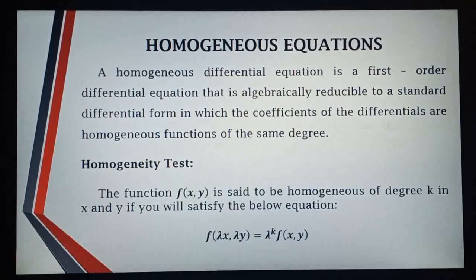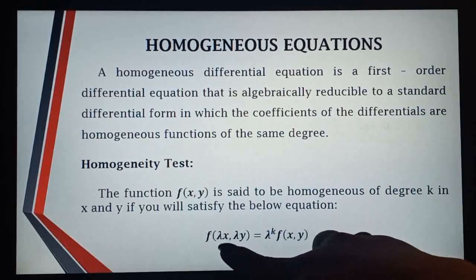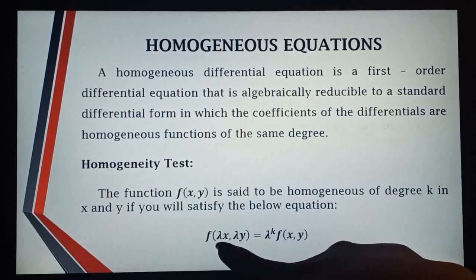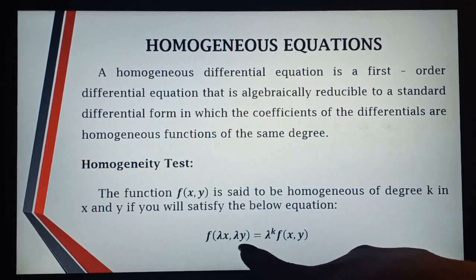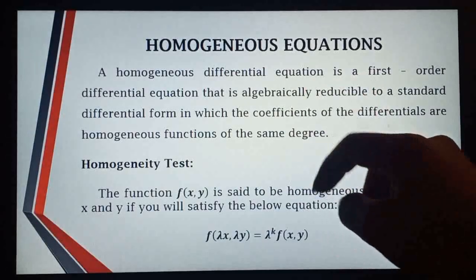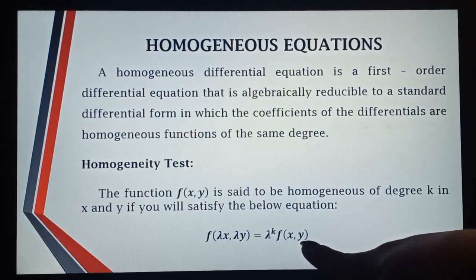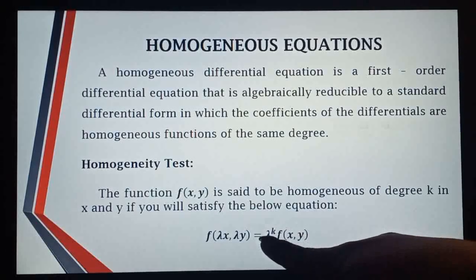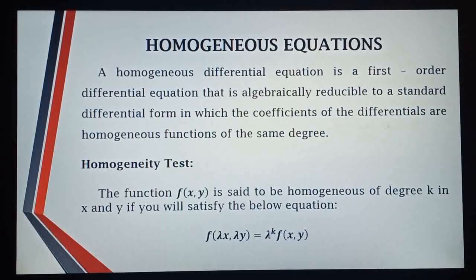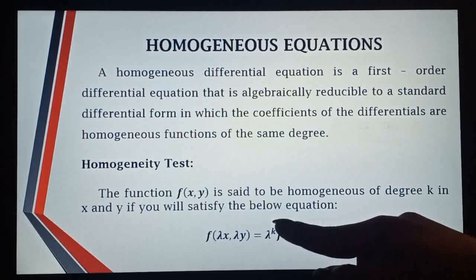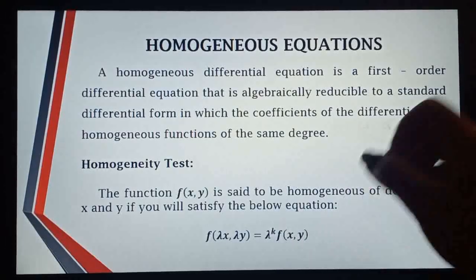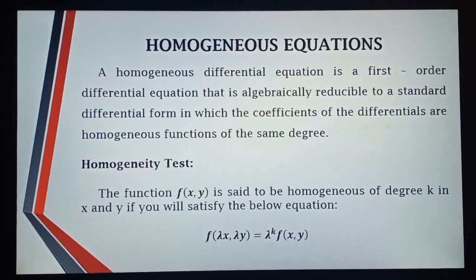So let's say you were given a function of x and y, then instead of using x, you will use lambda x, and instead of using y, you will use lambda y. Then when you get the original function f of x and y, after factoring out lambda raised to any number, it is said to be homogeneous. Then the k there is your degree of homogeneity.